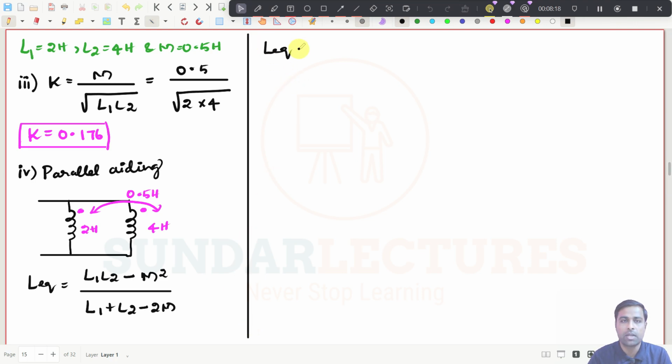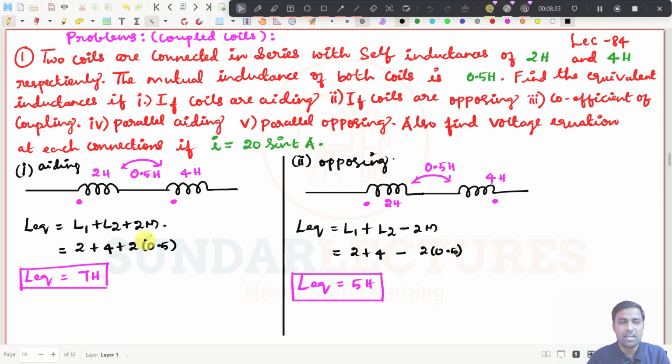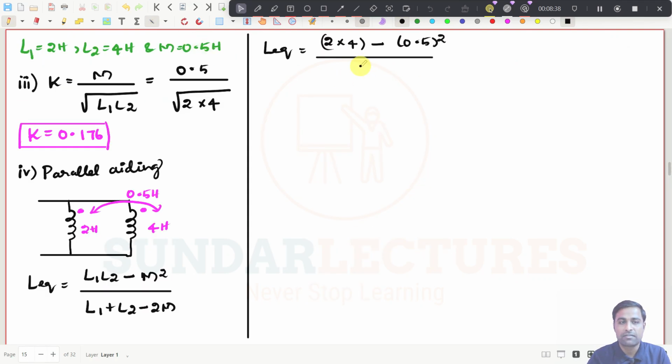So if I substitute, L equivalent will be 2 into 4 minus 0.5 square, divided by L1 plus L2 minus 2M. This is the series value you would have got, 5 Henry. We have already found. And if I simplify this, I am getting L equivalent to be 1.55 Henry. This is the final expression.